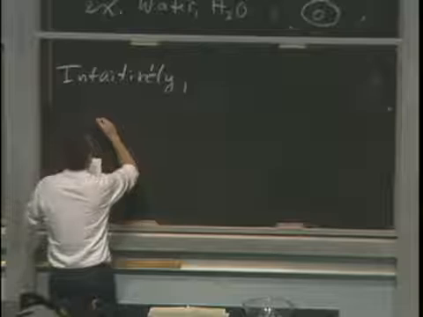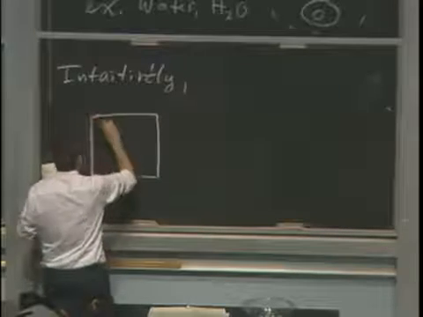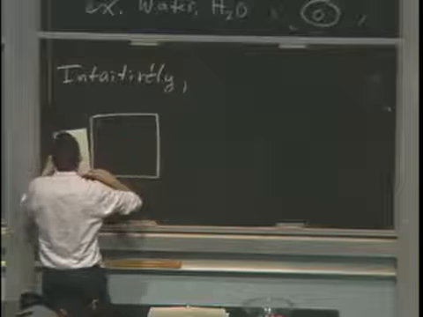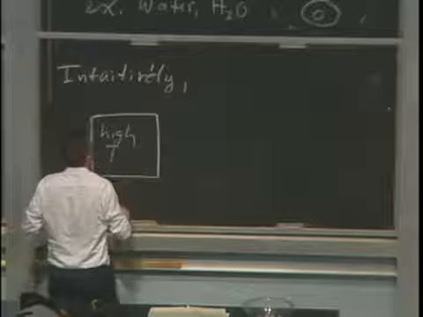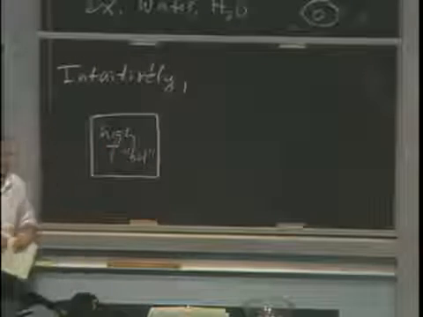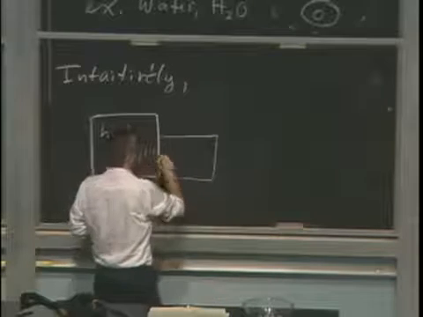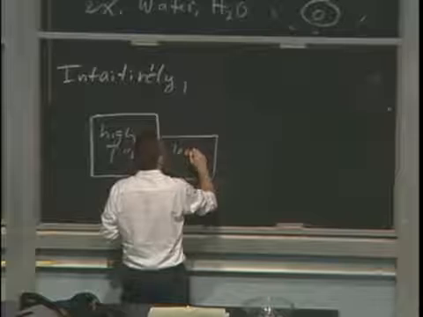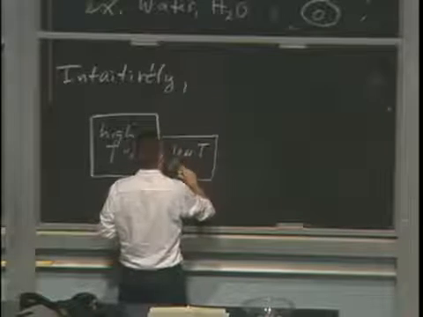So let's just draw that. We've got one object here with a high temperature, so this is what we would call hot. A second object, we're going to put it in contact with it with a low temperature, so what we would call cold.